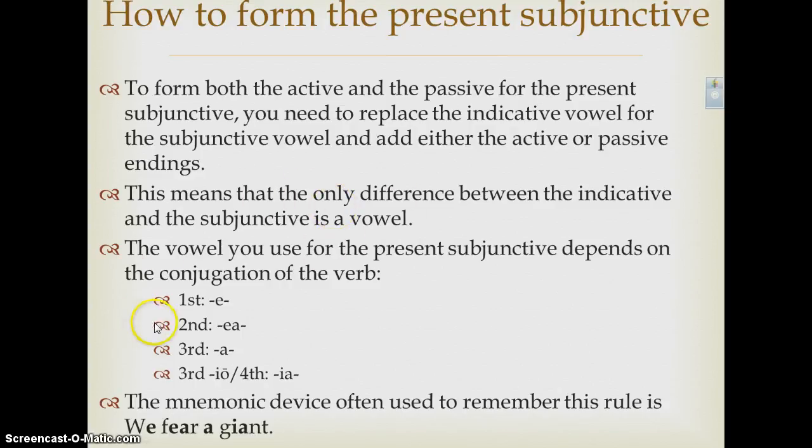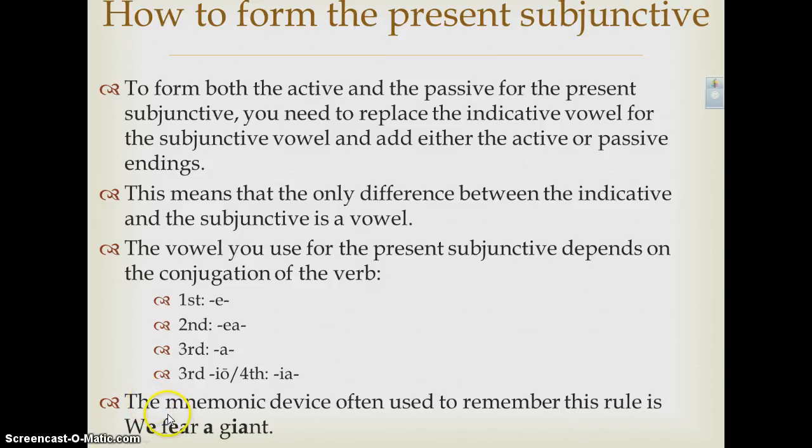The following little chart tells you which vowel you use for the subjunctive verb in the present subjunctive. First conjugation verbs use an E. Second conjugation, the present subjunctive vowel is EA. Third is an A. Third IO and fourth is an IA. I'm going to show you how this works in the next slide.